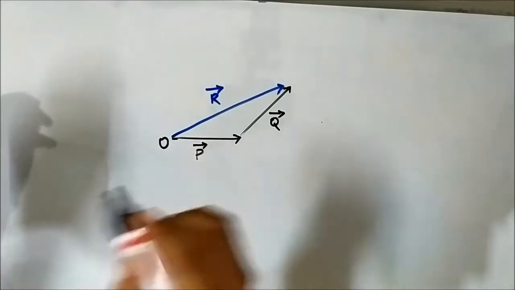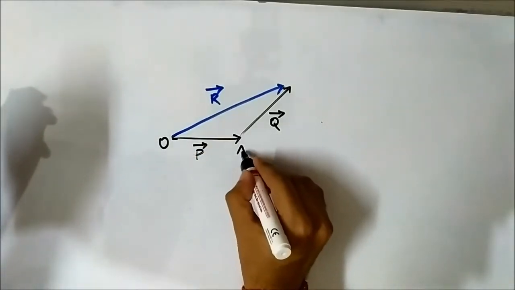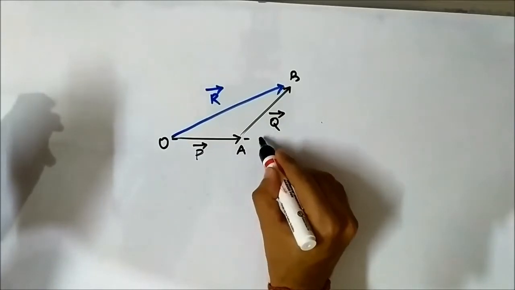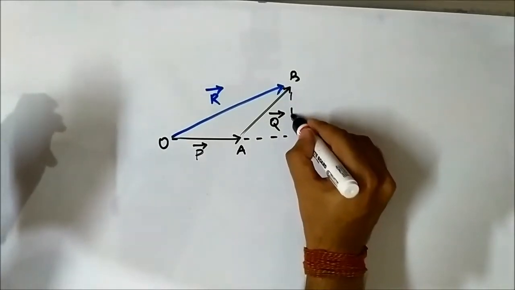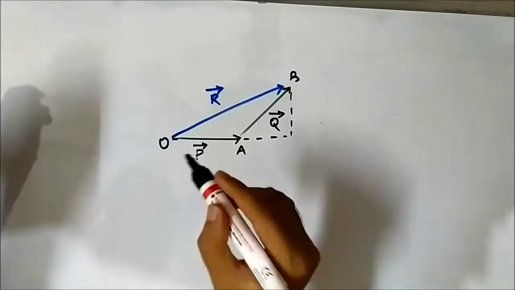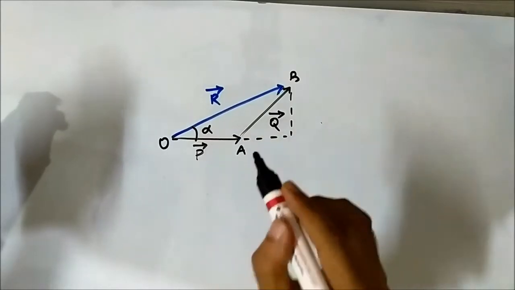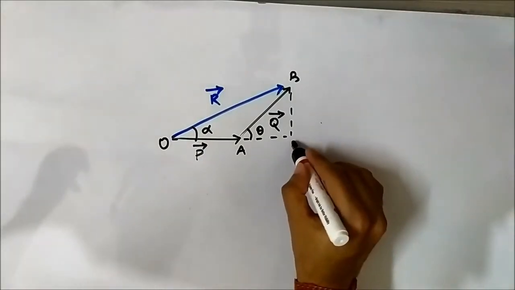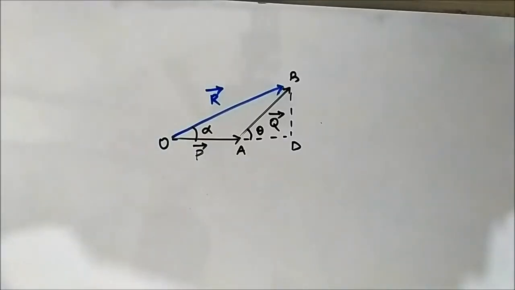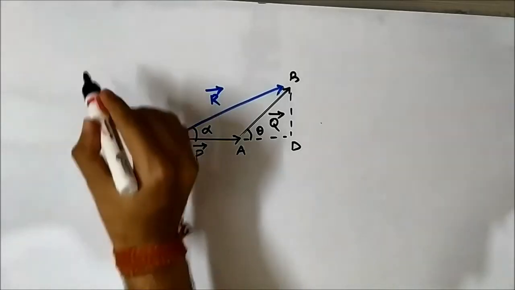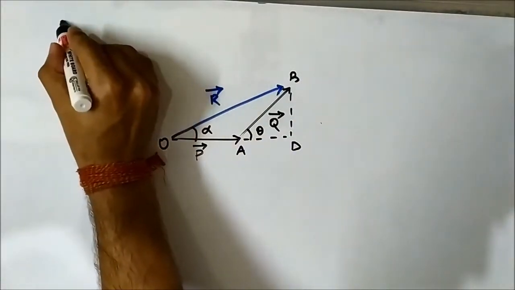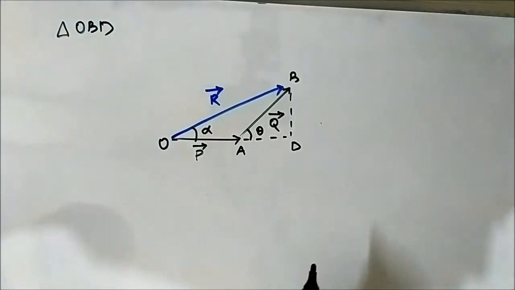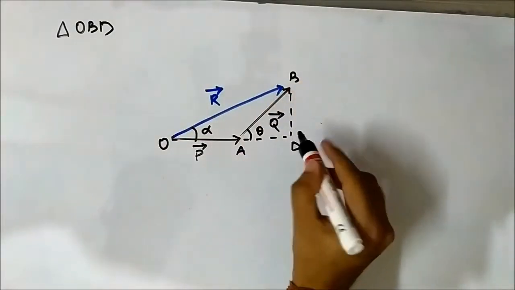Let this be the reference point O, let this be A, let this be B, let us extend it, let this angle be alpha and let this angle be theta, and let this be called D. Now this triangle OBD, it is a right angle triangle, isn't it? It is a right angle triangle OBD.